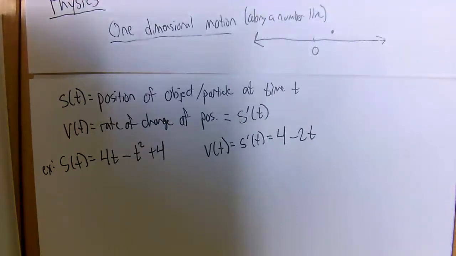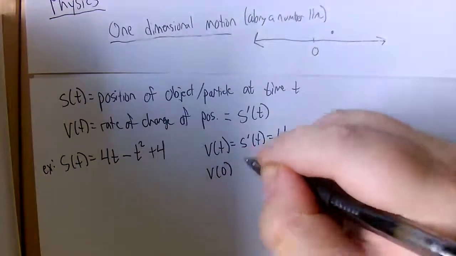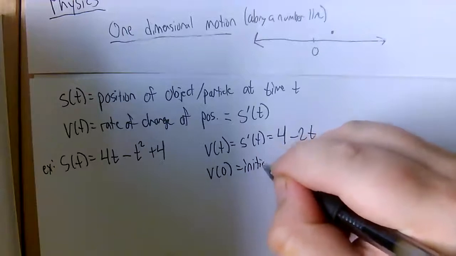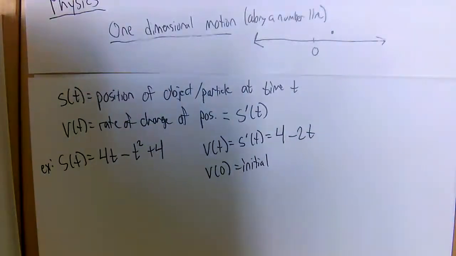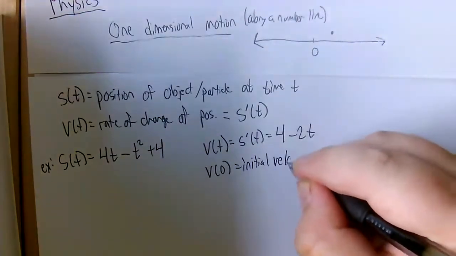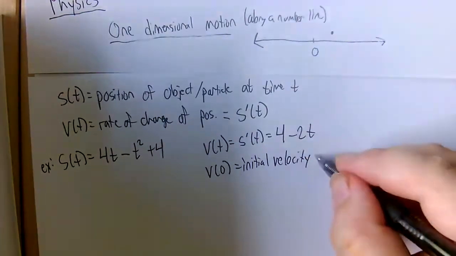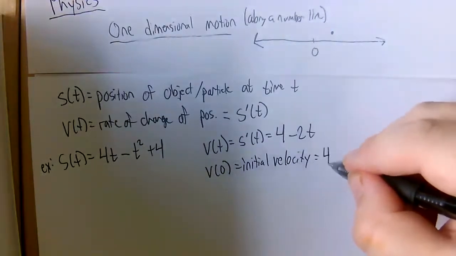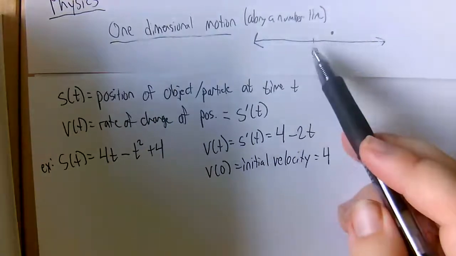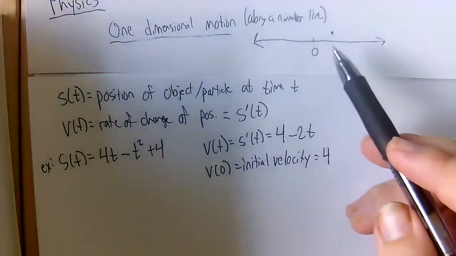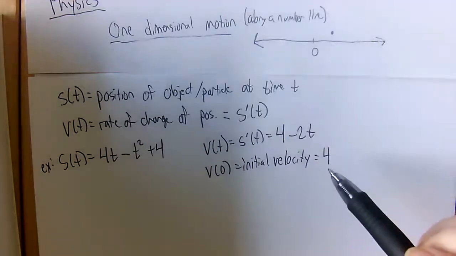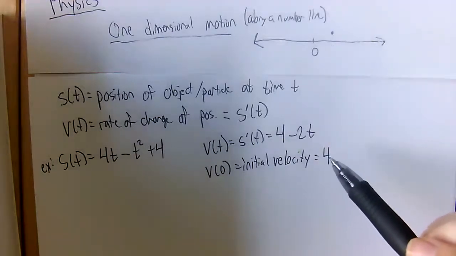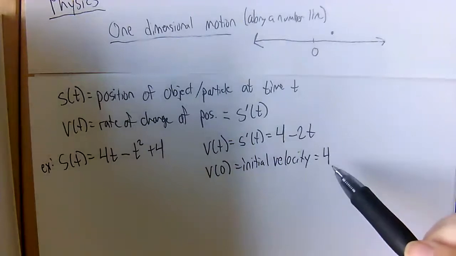So this tells us how fast we're going at any given time. Now let's take a look at v of 0. So typically when we plug 0 into something in physics, it's called the initial, whatever it is. So this will be the initial velocity in this case. If I plug in 0 into here, 4 minus 2 times 0 will be 4. So what this means is that at our time t equals 0, we're going to be moving at 4 units per second, and we're going to be moving in the positive direction.